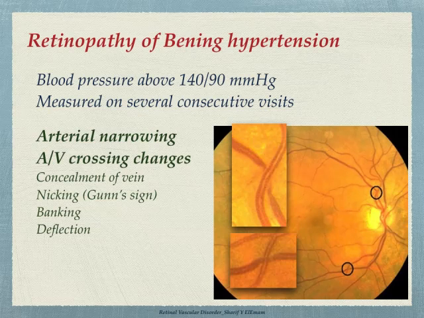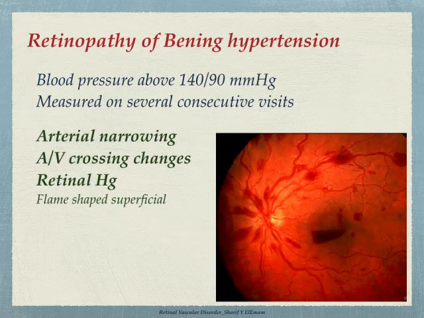Nicking, called the gunn sign, meaning that the vein before the artery becomes tapered. Banking and deflection, whether it's an S deflection or Z deflection. These are different signs that we can see during fundus examination of a patient who has retinopathy of benign hypertension. Also, retinal hemorrhages, and they are usually flame-shaped superficial hemorrhages because they happen in the superficial nerve fiber layer.